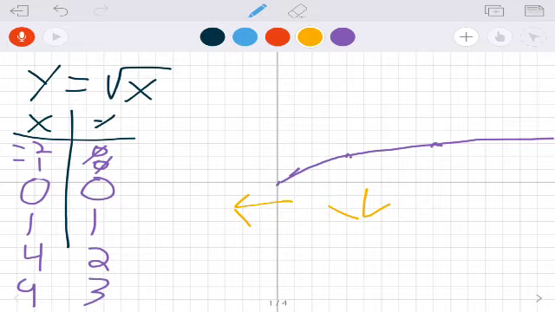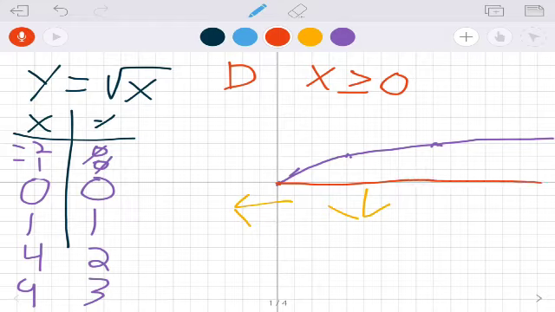The interesting piece of this is we actually now need to look at what our domain and range are. So our domain is all acceptable x values, and in this case, x has to be greater than or equal to 0. All of those numbers are fine, continuing off that way.